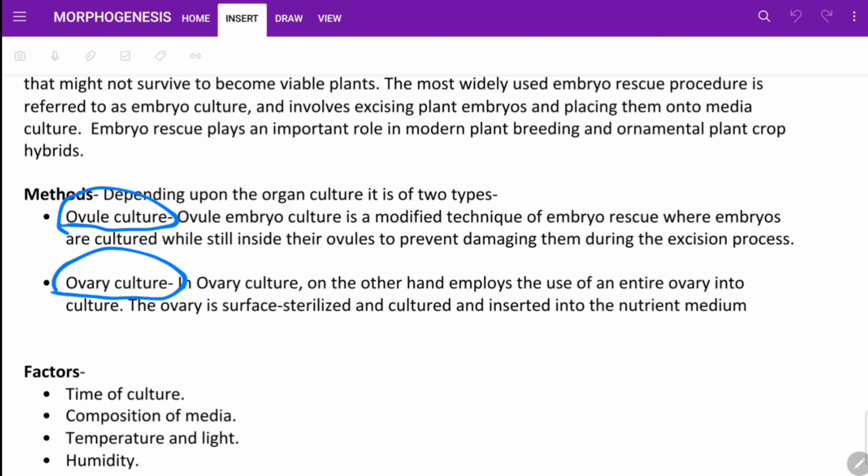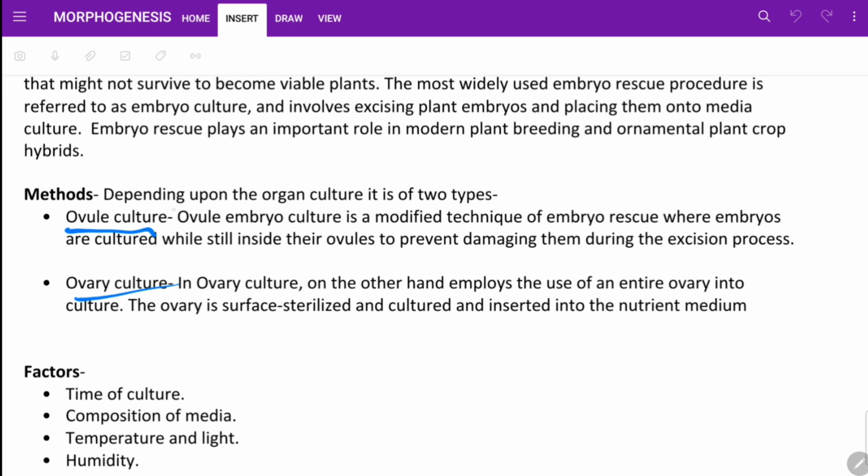It is ovule culture when we are culturing ovule, and it is ovary culture when we are culturing ovary. So the methods are two, ovule culture and ovary culture.